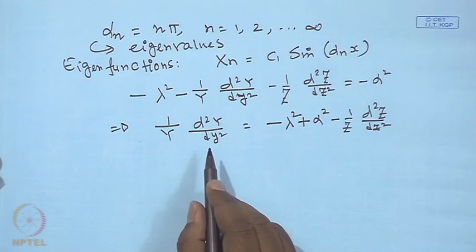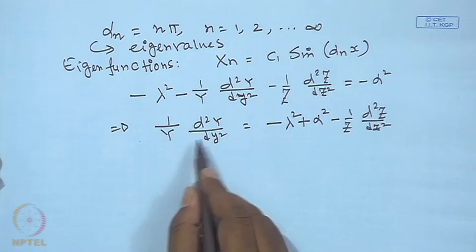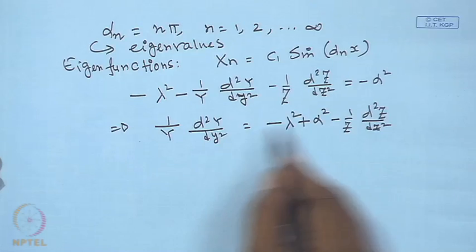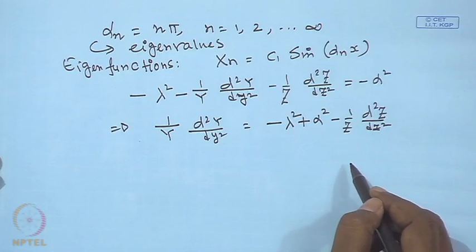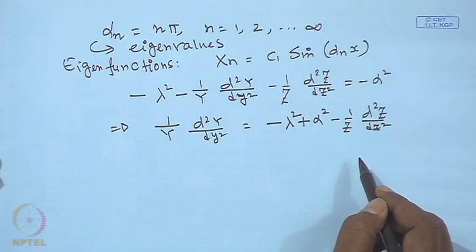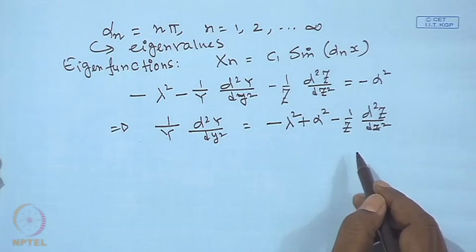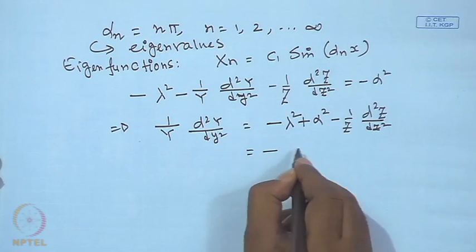Now, the left hand side is completely a function of y, the right hand side is completely a function of z, and they are equal. They will be equal to some constant, let us say this is minus beta square.